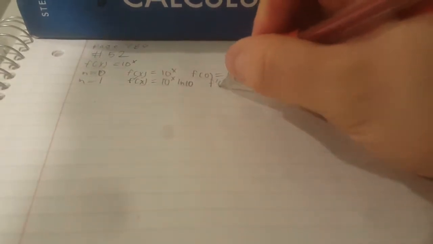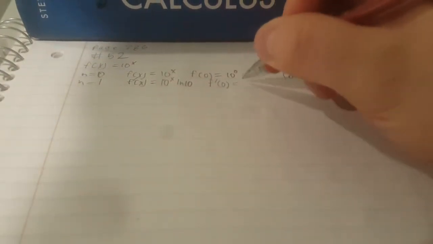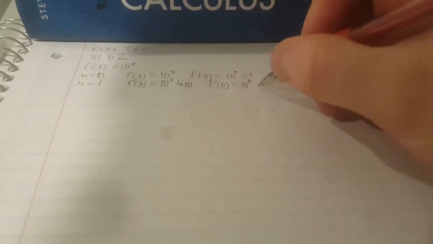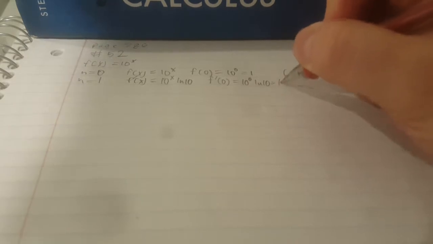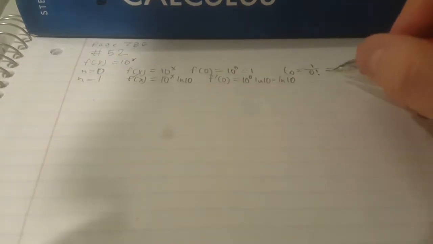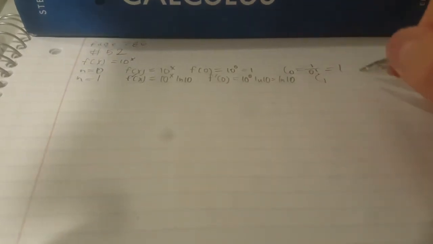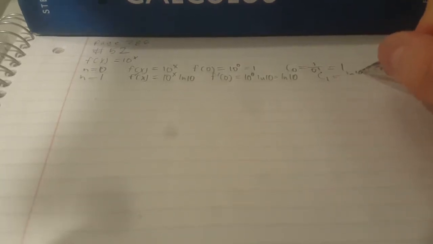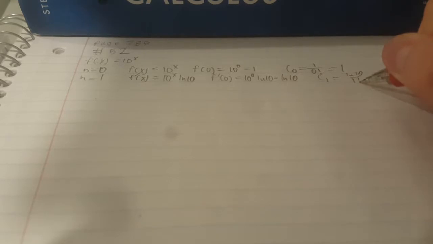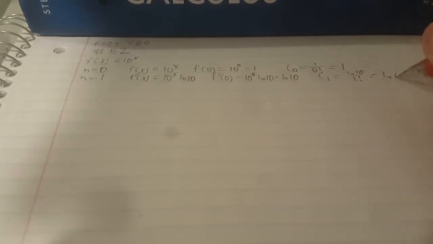Then f prime of 0 would equal 10 to the 0 ln 10, which equals just ln 10. Then c of 1 would equal ln 10 over 1 factorial.